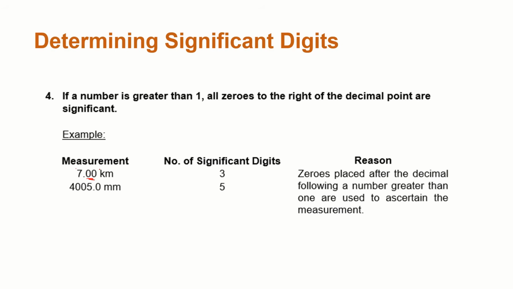So kapag sa mga measuring device, alam natin na dapat merong 2 decimal places after our first number that is greater than 1. Dapat merong 2 decimal places. So yun yung certainty ng measuring device ninyo kung sa application natin ilalagay.